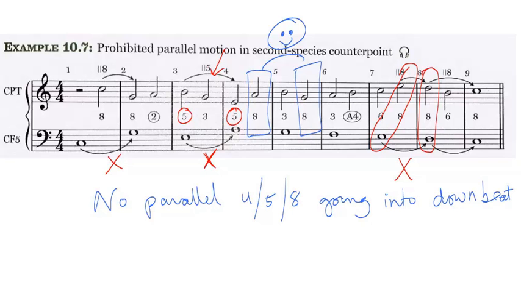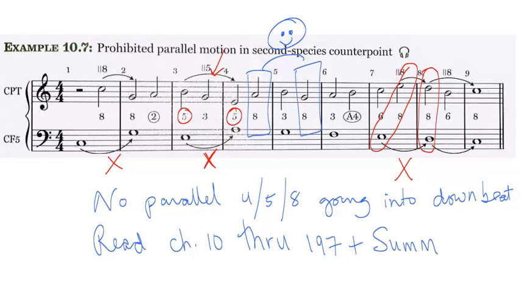What I would like you to do for homework is read chapter 10 up through page 197, and then you might also want to read the summary on page 198. I'll write that down for you. You can also watch this video as many times as you need to, and then when you're tired of that, for Thursday you have 2 pennies, each worth a point.